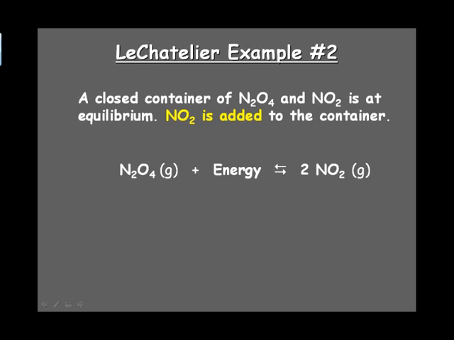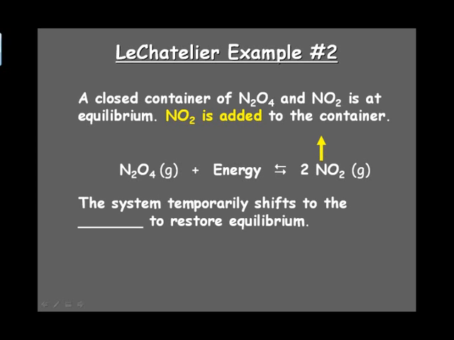And so this reaction will have a temporary shift to the left to restore equilibrium. So you've increased the amount of NO2, so there's more NO2 that's able to react. So temporarily you're going to get a shift to the left, producing a lot of N2O4, and then eventually you'll reach that state of equilibrium once again.